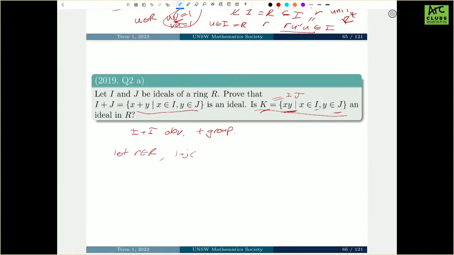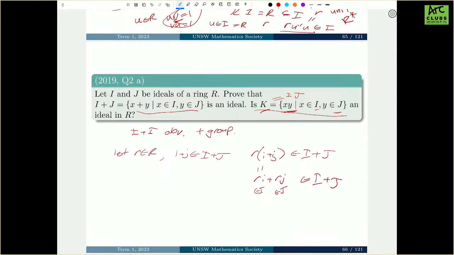So let i plus j be in big I plus big J. Then we want to show that r times (i plus j) is an element of I plus J. But if we expand this, remember we can expand, then this is an element of I and this is an element of J, because I and J are both ideals and so closed under external multiplication. So this is obviously going to be an element of I plus J.